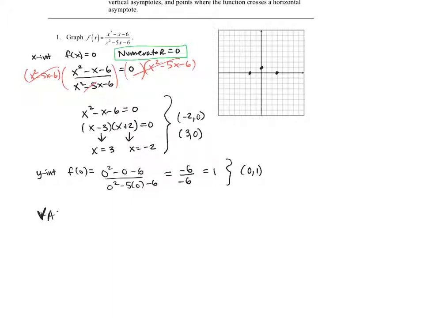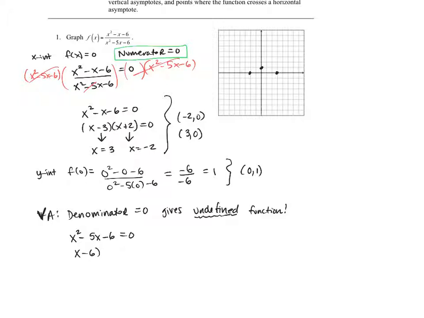I'm going to start with my vertical asymptote, and that happens when the denominator is 0. Okay, because that would give us when our function is undefined, and that's the exact definition of the vertical asymptote. So we get our denominator, x squared minus 5x minus 6 equal to 0.